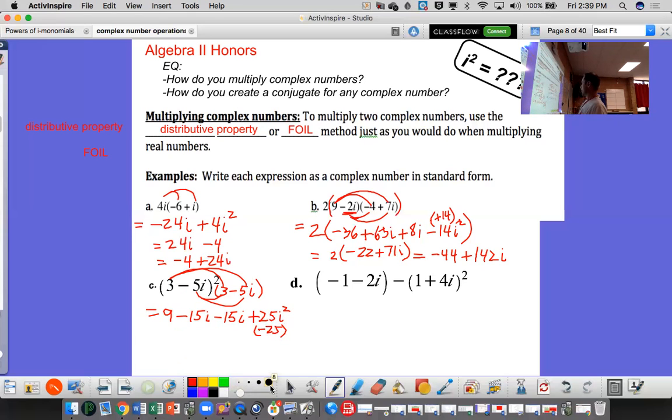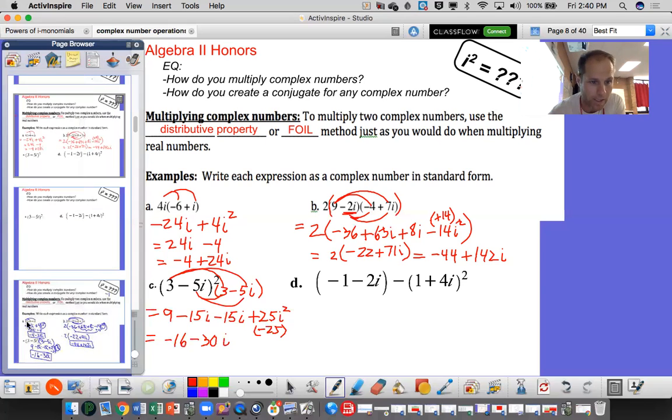Okay, so now if I combine my like terms, it would give me negative 16 and a negative 30i. Hope my math is correct. Yeah, looks good. I'm just as capable of making mistakes as the rest of us.